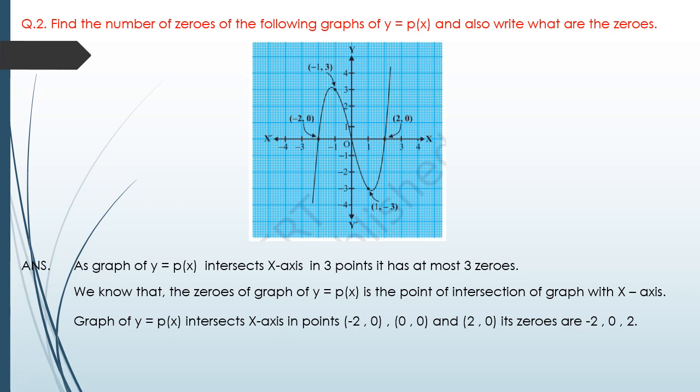Okay, so in this way, if they are asking us to write the zeros and providing us the coordinates, we just have to write the x coordinate if the polynomial is p of x. If it is p of y, we will consider the number of points of intersection with the y-axis to write the number of zeros, and to write what the zeros are, we will write the y coordinates of those points.